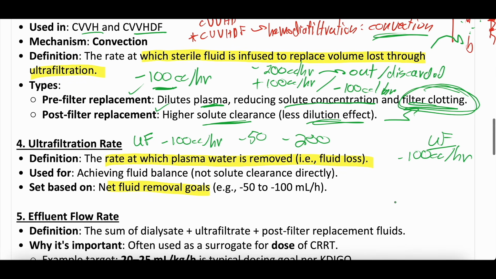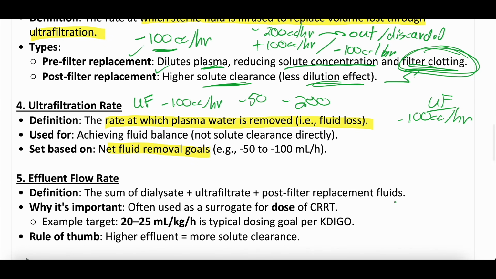The effluent flow rate is the sum total of all the things being discarded. So it's the sum of the dialysate, right? If we are CVVHD or CVVHDF, where we are doing hemodialysis, where we have a dialysate to maintain a concentration gradient for solute diffusion. Remember, that's different than convection.